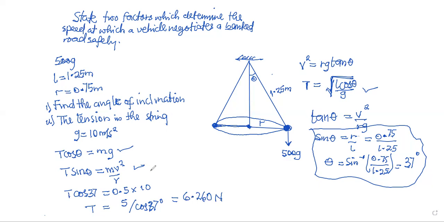All right, Amia. For mine, I tried to find V by first finding the period, and I used the period to find the angular velocity, and I used that to find the speed.